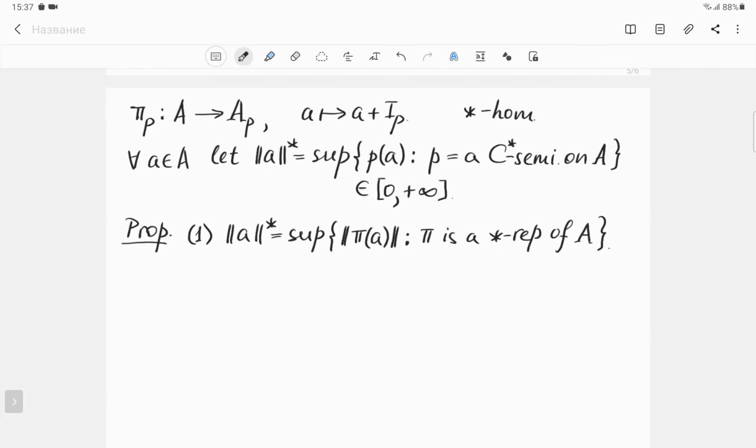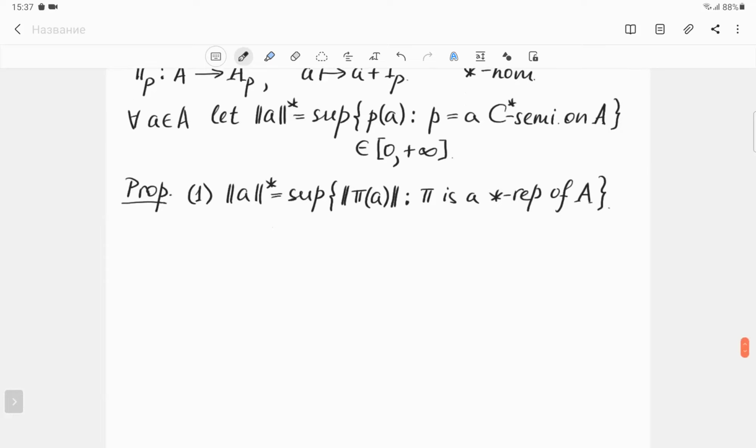Well, and we will see later that indeed the notion of a C-star envelope extends the maximal C-star tensor product. The second part of this proposition: I claim that the C-star envelope of A exists if and only if this number is finite for each A in our algebra.